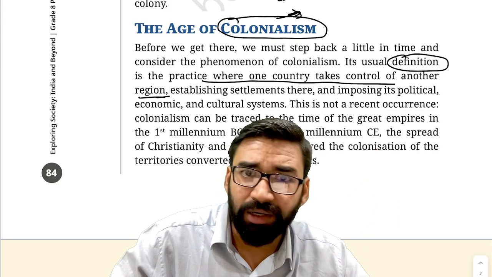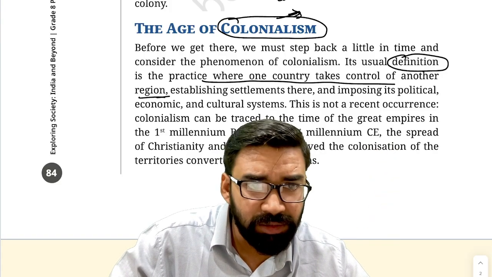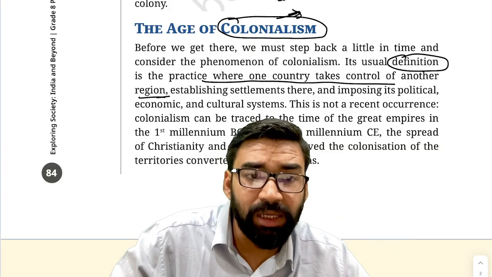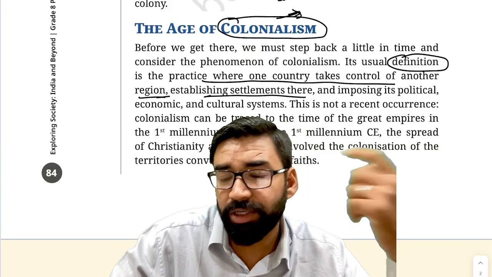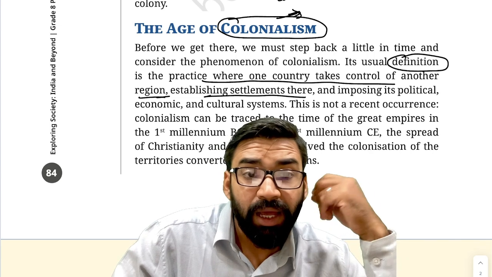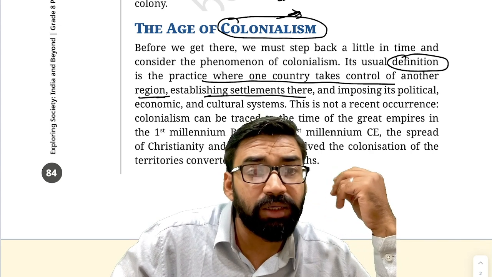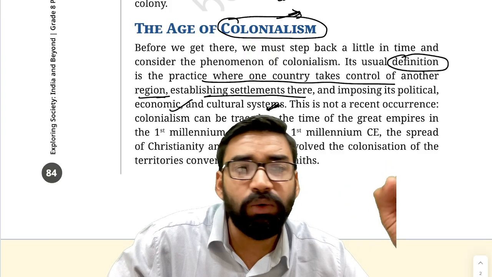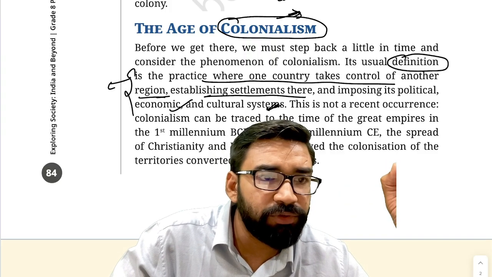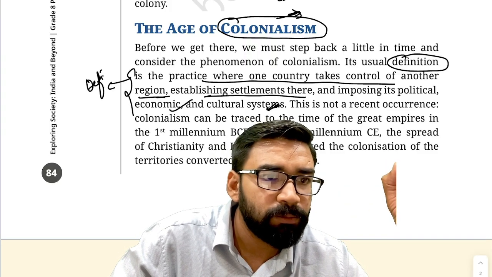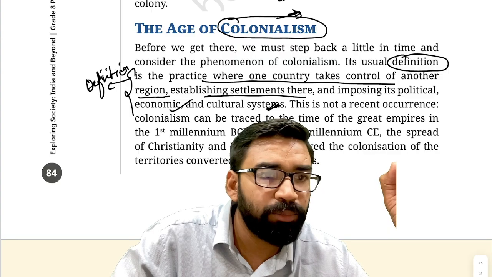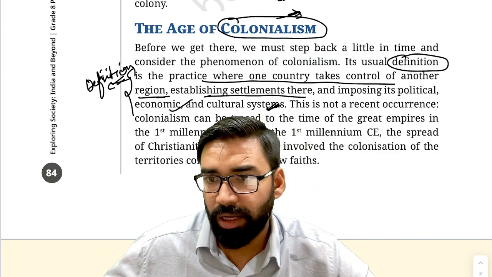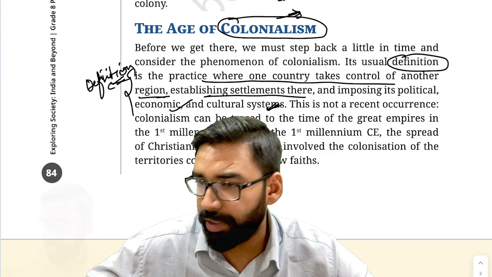When we say takes control of another region, that means they started establishing settlements there, just like the British and other European powers did, and they start imposing their political, economic, and cultural system. That is what we call colonialism. This is the definition of colonialism, important for your examination also.